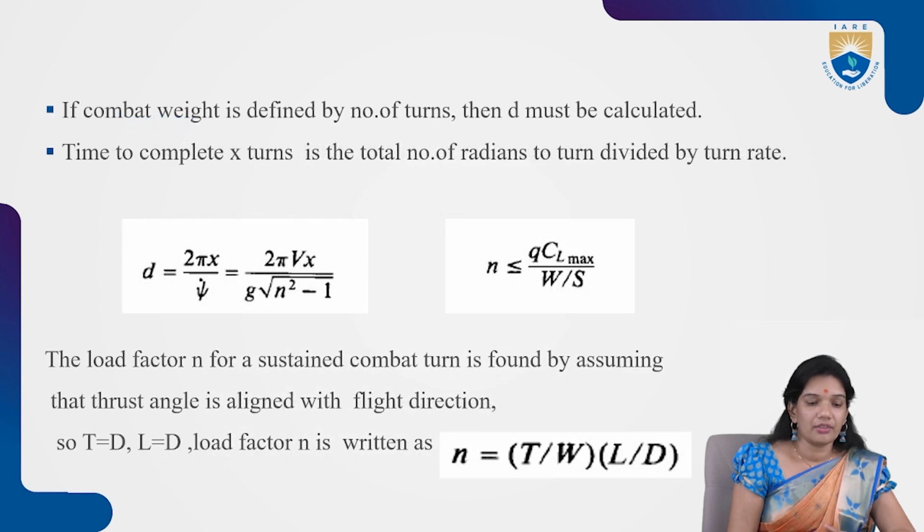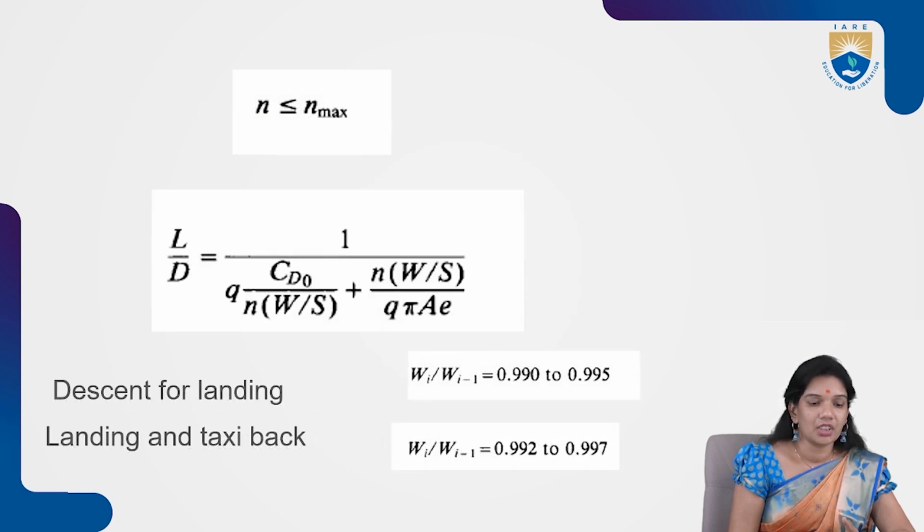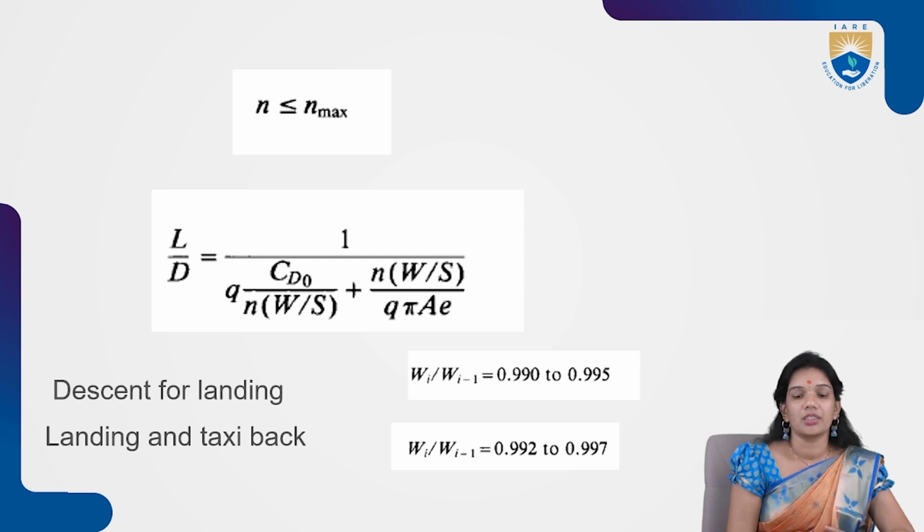Then we have descent and landing, which again we calculate in a similar way. You take the segment fractions and do all of these things, then calculate the empty weight fraction, calculate your fuel fractions, and also do the iterations, and then come to a conclusion.